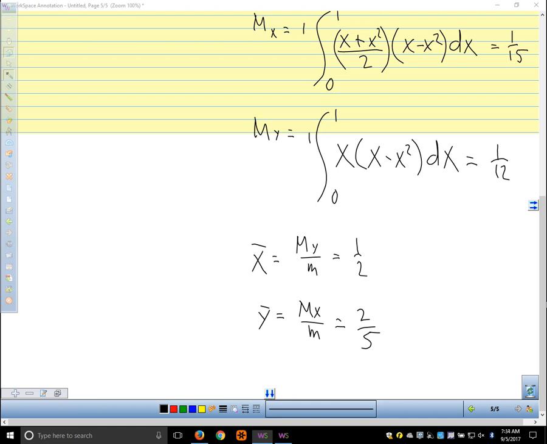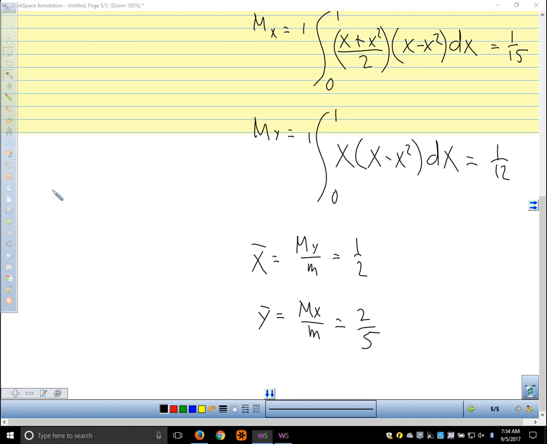If you have a nice simple plane region that you can divide into rectangles, you can find the center of mass without integrating. You can find the center of mass of each rectangle, which is just going to be the center of the rectangle, and just add to get your moment and your center of mass.